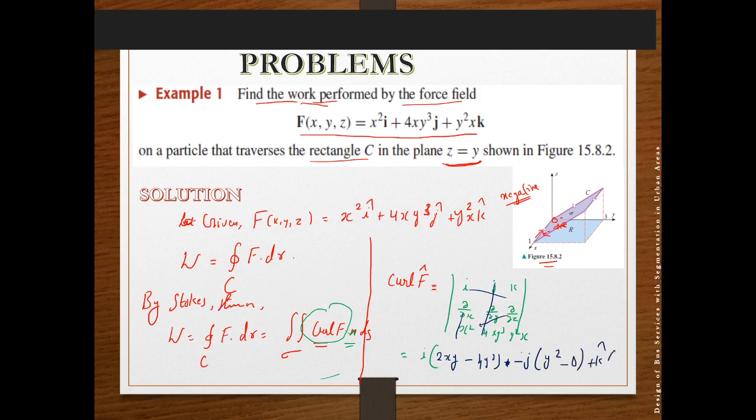Plus k times del by del x of 4xy cubed, so 4y cubed.